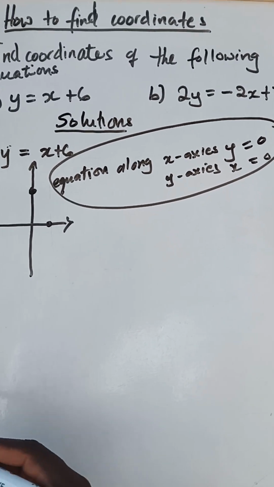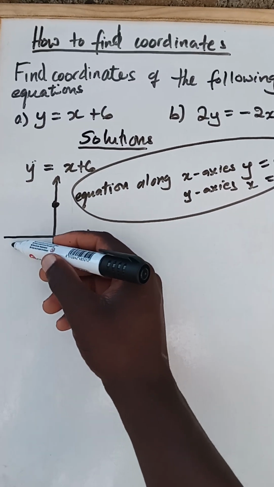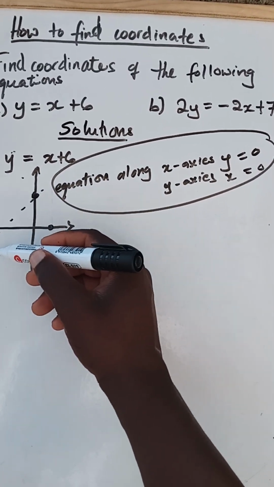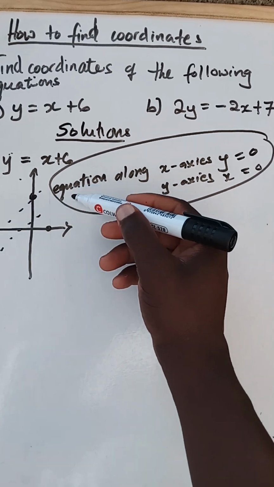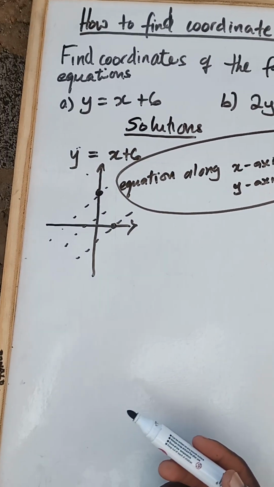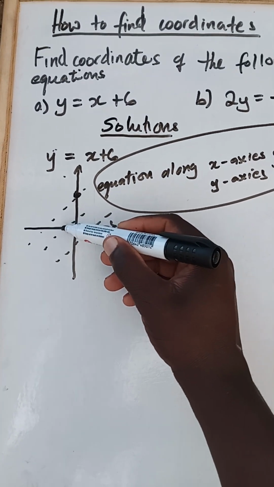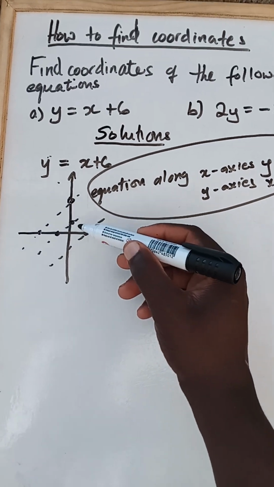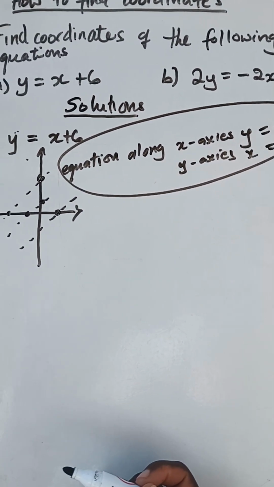We don't know whether the line is going to cross like this, or like this, or somewhere else. But we assume that it is going to cross on the main axis. That's what we know and what we want to know.